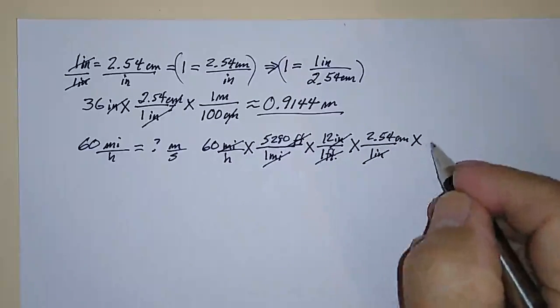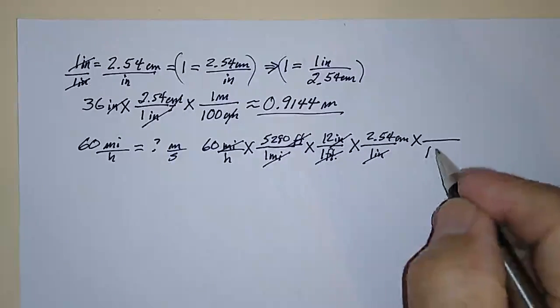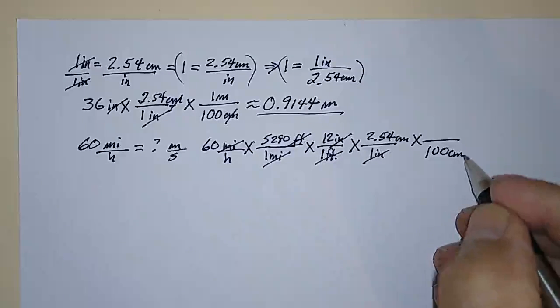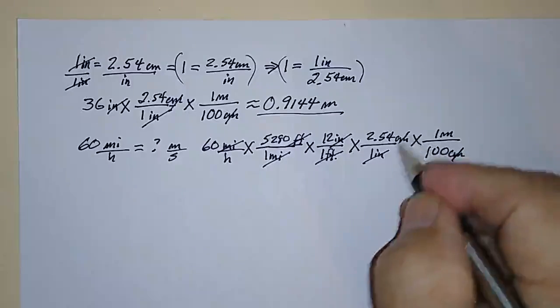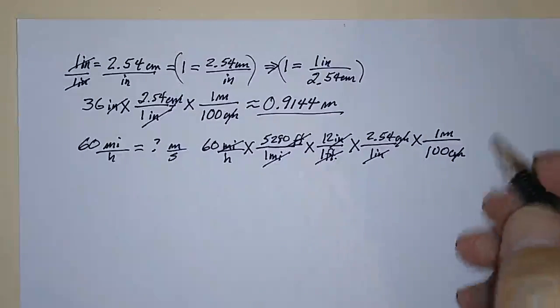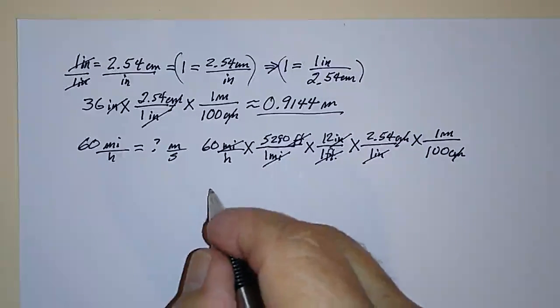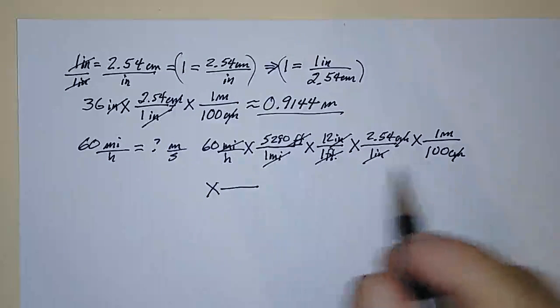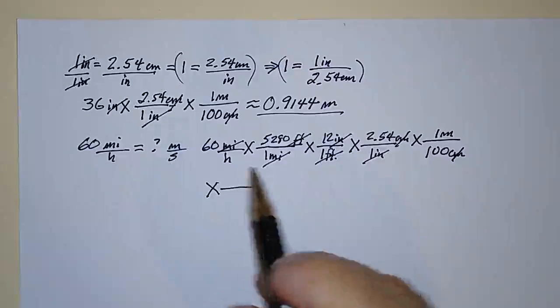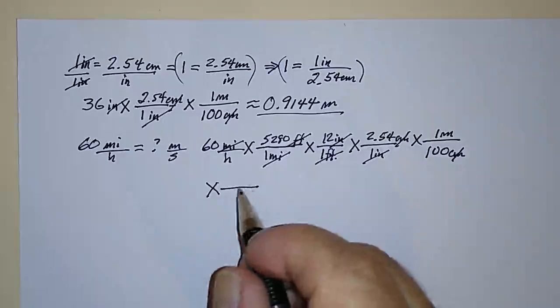And I know also that 100 centimeters is equal to 1 meter. So I'm getting there. And to continue this on the next line, times, I want meters per second, so how many seconds in an hour?